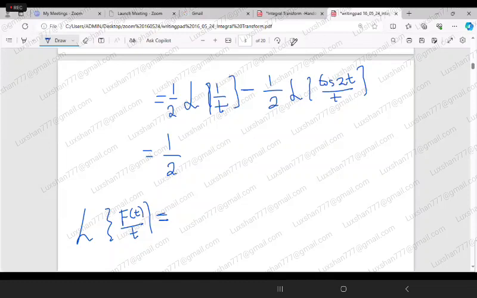If f(t) has transform F(s), f(t) over t is equal to what? Please tell me.